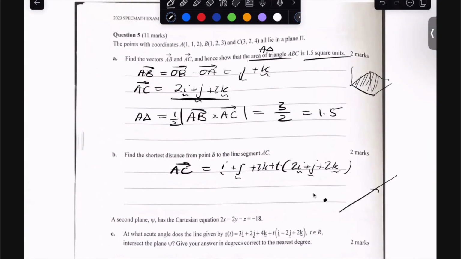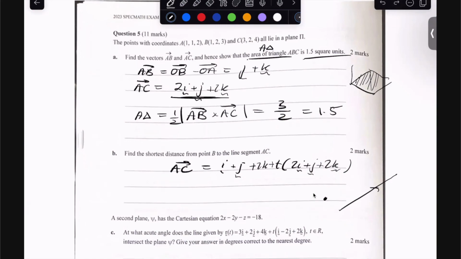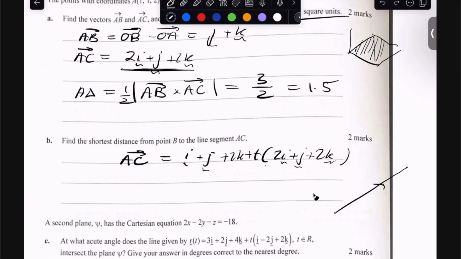If you want the minimum distance, you can do a perpendicular vector to that. So yeah, you take any point, which let's just say this is A, and this is B. So it's AB in the direction of the perpendicular vector, right?